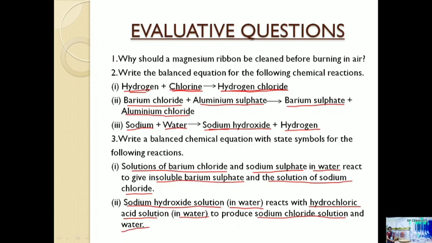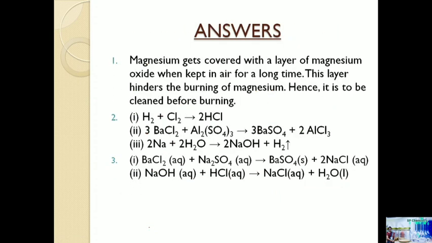So the equation will be NaOH(aq) plus HCl(aq) gives NaCl(aq) plus H2O, water exists in liquid state. So dear students, these are answers to the evaluative questions, and in the next session we will discuss different types of chemical reactions. Thank you all.